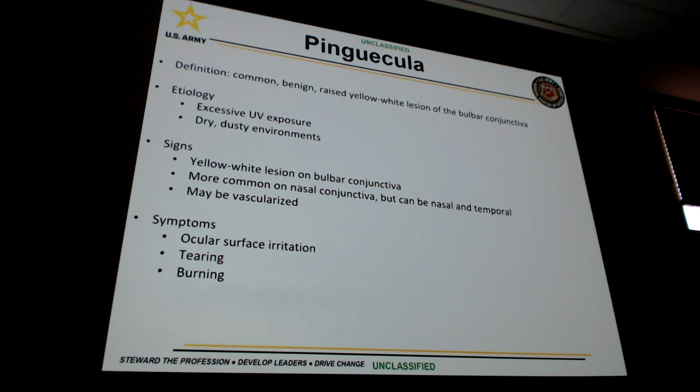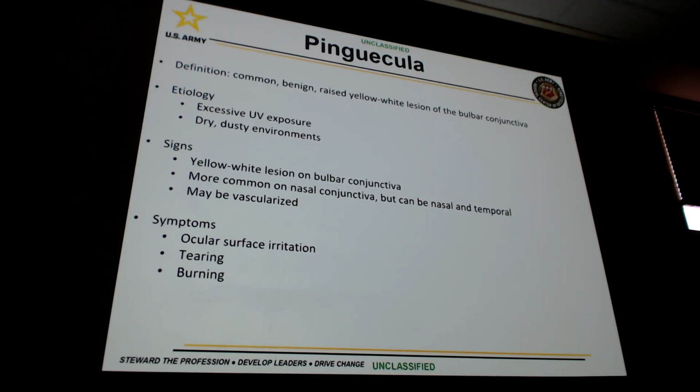Okay, next we're going to talk about a pinguecula. A pinguecula is a raised yellowish white lesion on the conjunctiva, okay? Kind of like a callus. You can think of a pinguecula like a callus. So patients that don't wear sunglasses, hopefully by the end of this you understand sunglasses are important.